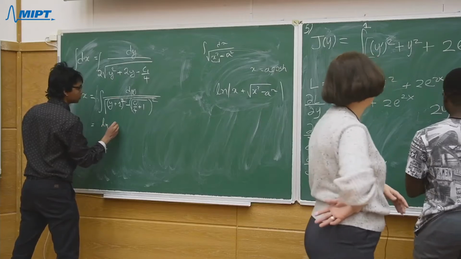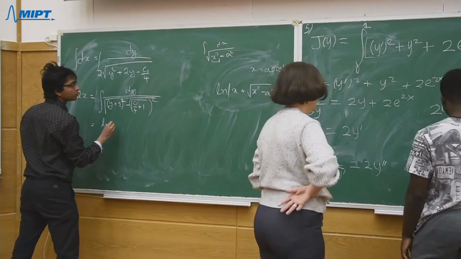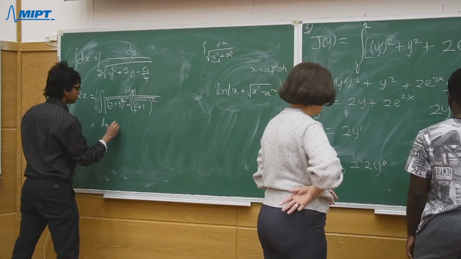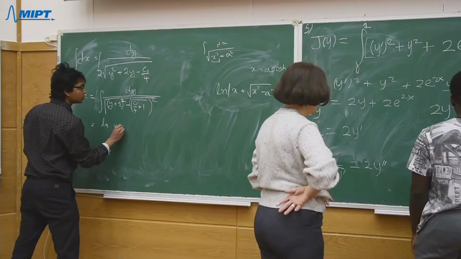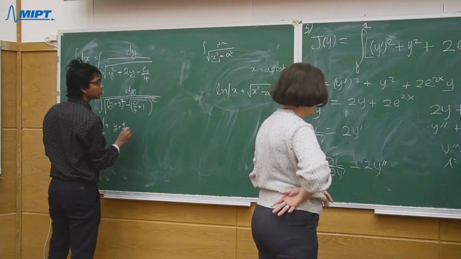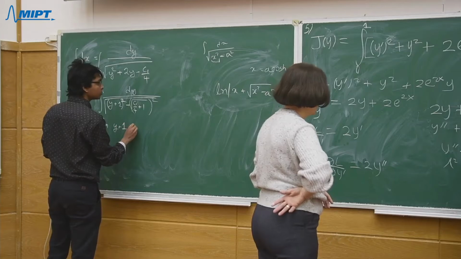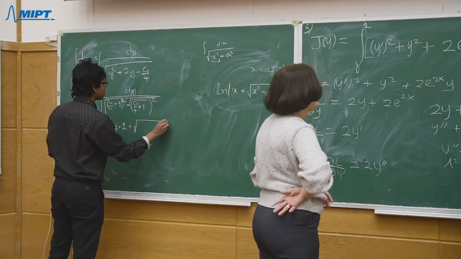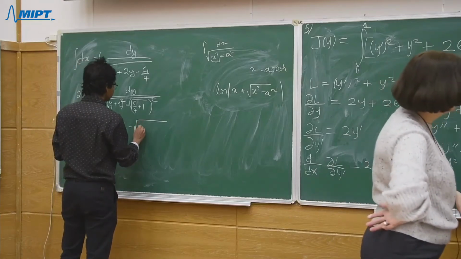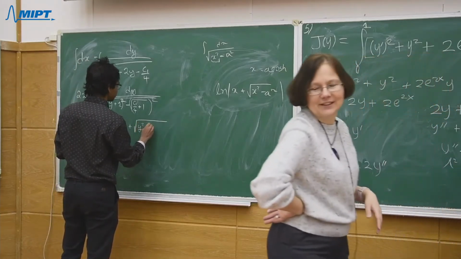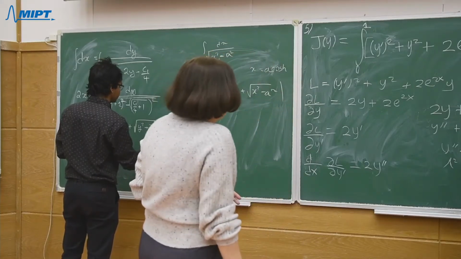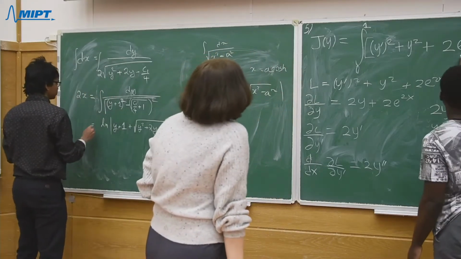Please don't let it be imaginary again. Imaginary, yes. Lambda equals plus or minus root 2 multiplied by i. So I'll find a particular solution here.